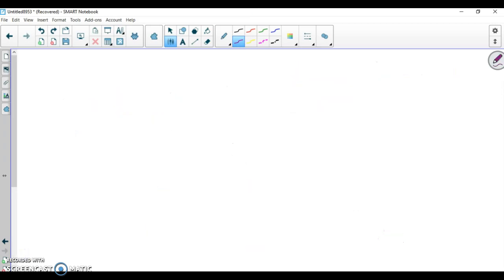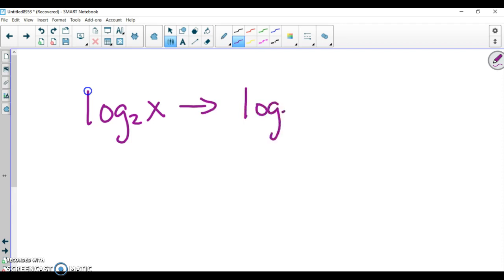Let's look at example 1, using the definition of log functions to evaluate each log at the indicated value of x. If our function is log base 2 of x, and we want to evaluate at 32, we're saying log base 2 of 32. What we're saying is, 2 to what power is 32? Well, we just saw that 2 to the third power was 8.